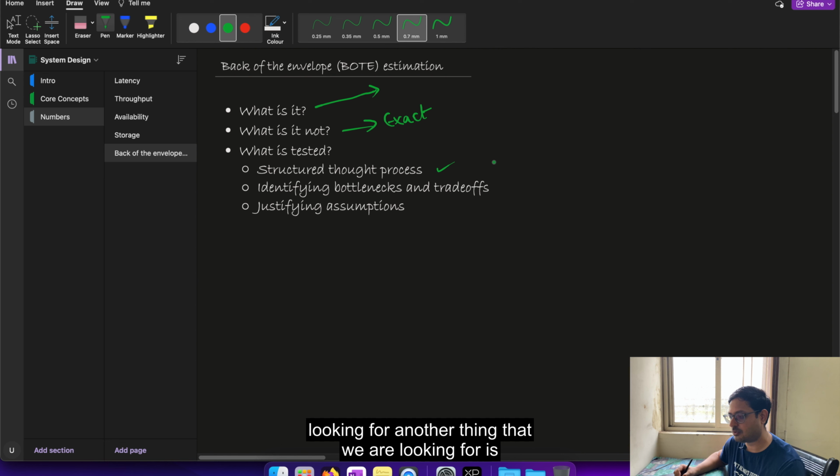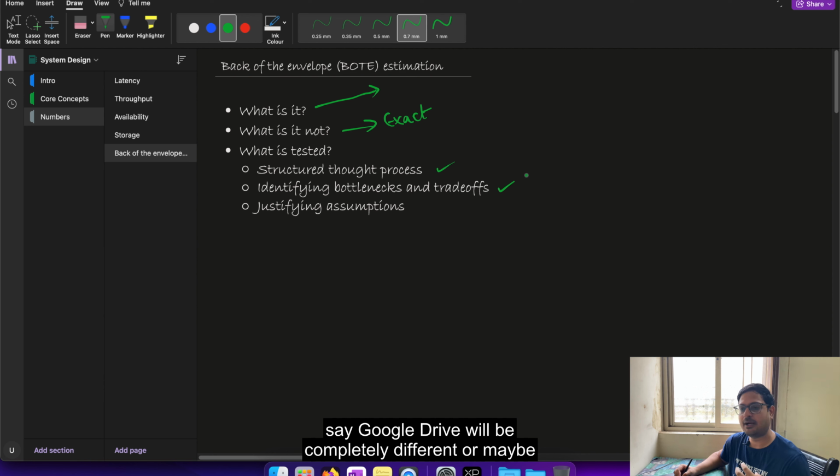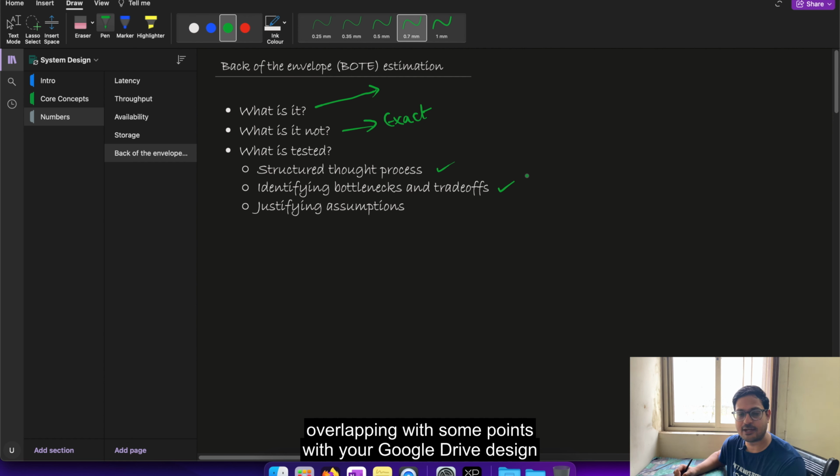Another thing that we are looking for is identifying bottlenecks and trade-offs. So any system design is not straightforward. The design that I am doing for, let's say, Google Drive will be completely different or maybe overlapping with some points with your Google Drive design. The functionality may be met, but the exact design may be different from each other, right? So we are not looking for the exact design.